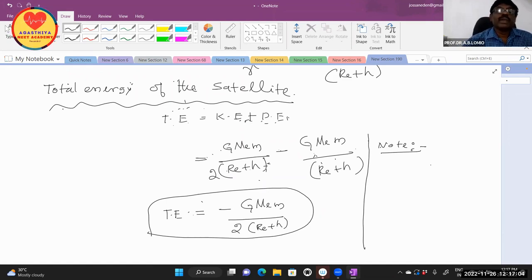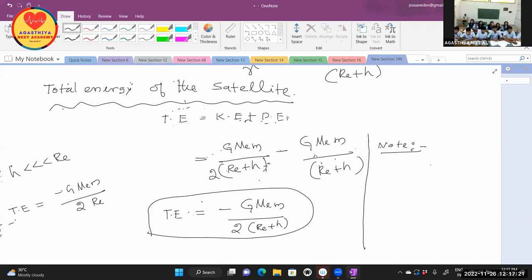And the total energy can be modified by neglecting the H value as minus G Me small m divided by 2 RE, when H is very small compared to the radius.